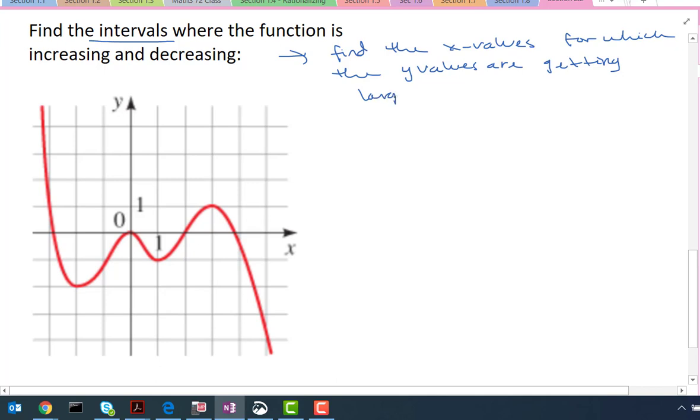So when it says find the intervals, they are going to be on the x-axis where the function is increasing and decreasing. This refers to y values.